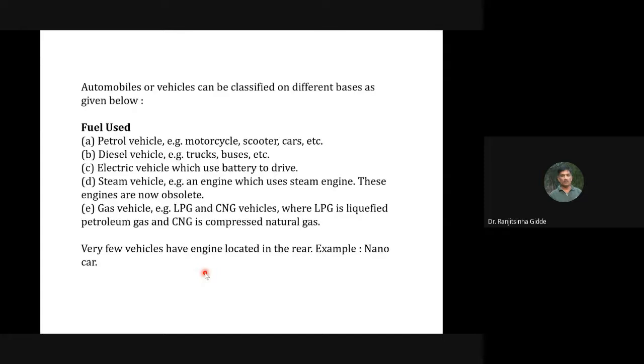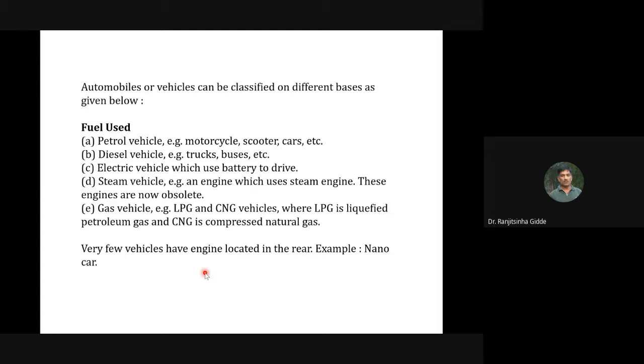Battery and motor: the battery is the source of energy, and the motor is used to propel the vehicle. Then steam vehicles, with an engine that uses steam, and nowadays such vehicles are not there.